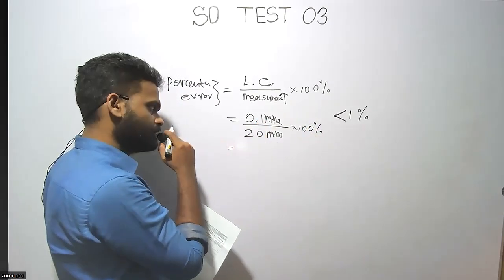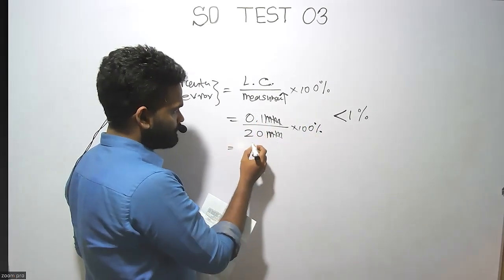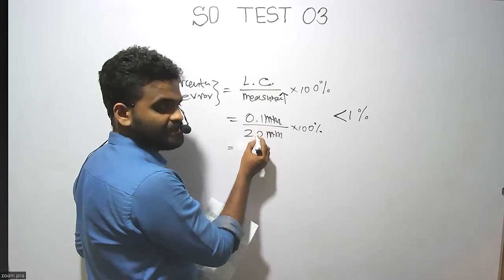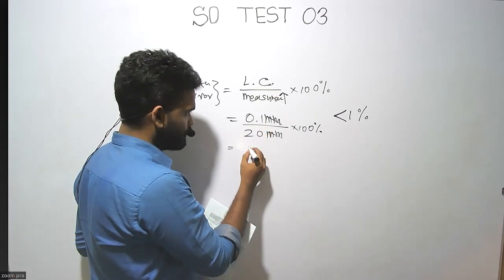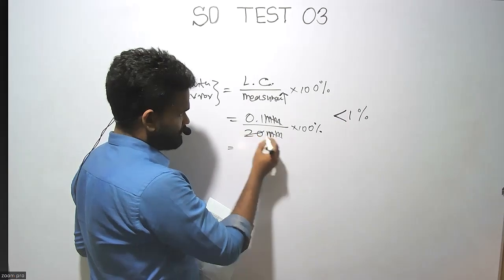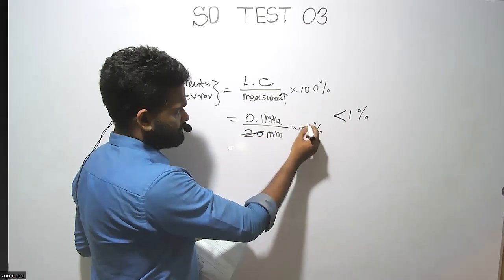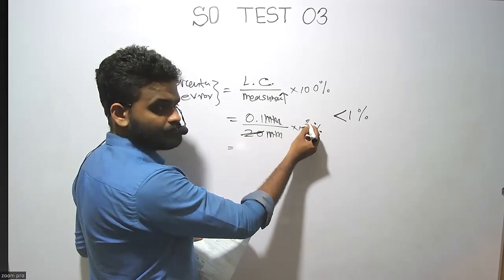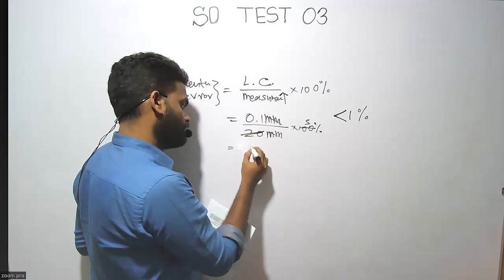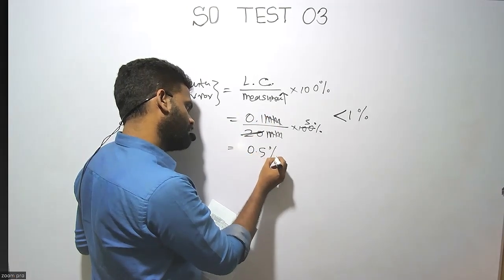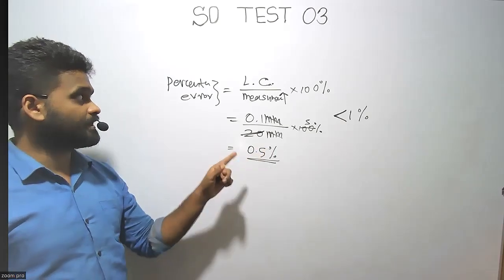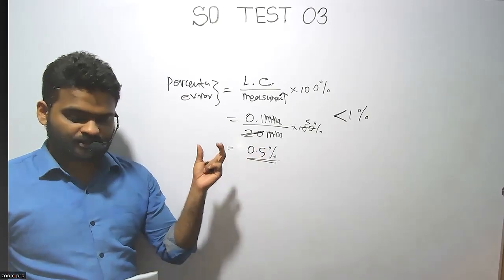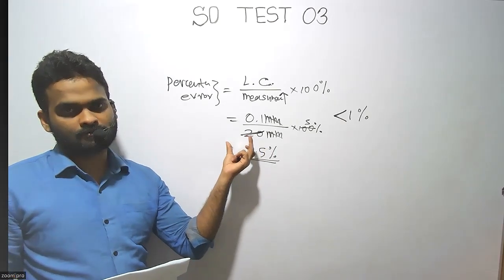So this is 1 over 200 times 100. Right? 1 over 200 means, let's say, 5 times 0.1, 0.5. So what we got is 0.5 percentage error when you are doing a measurement of 2 centimeters.